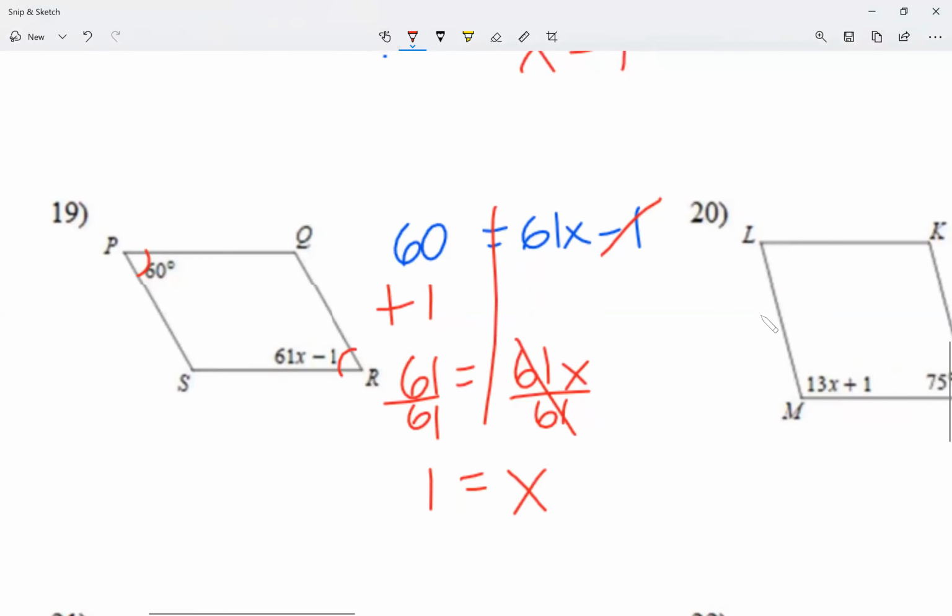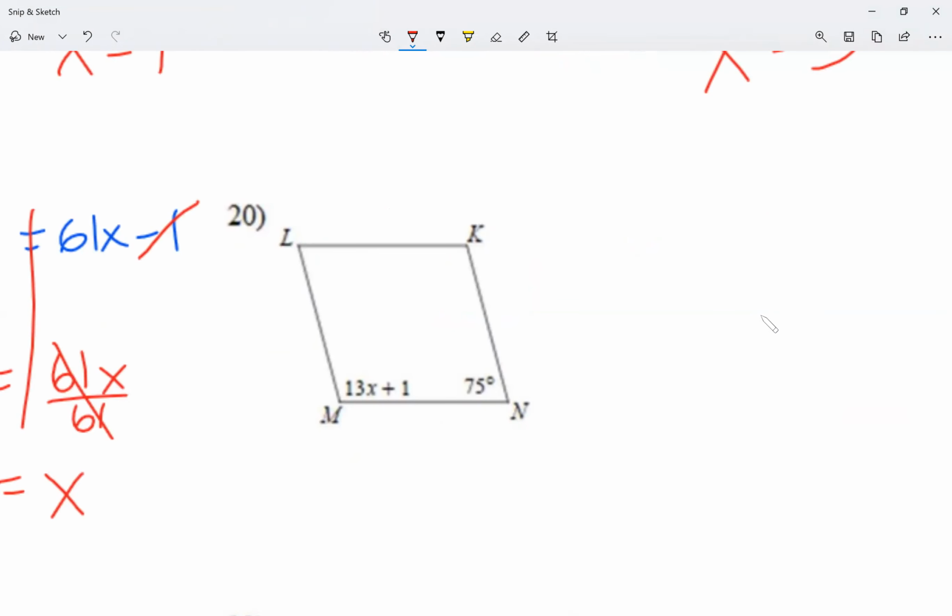Now, here in number 21, these two angles are not opposite from each other. Opposite would be angle L with angle N. But here I have angle M with angle N. These two are not quite opposite. This is what we call adjacent angles. And we talked about this before. Adjacent angles, angle M and N, they're not opposite, they're adjacent. They're connected by a side.